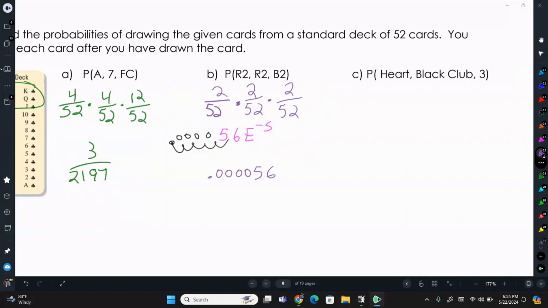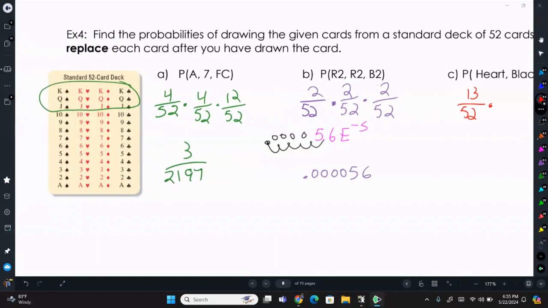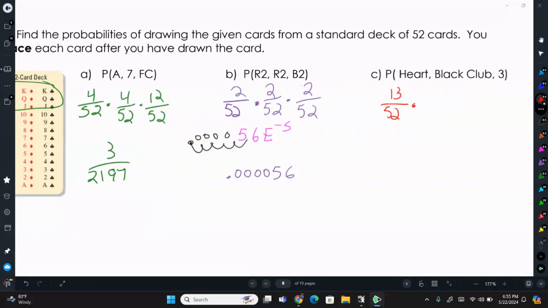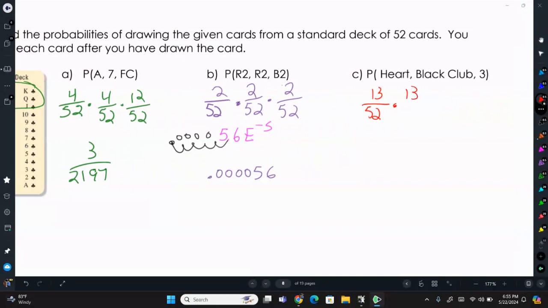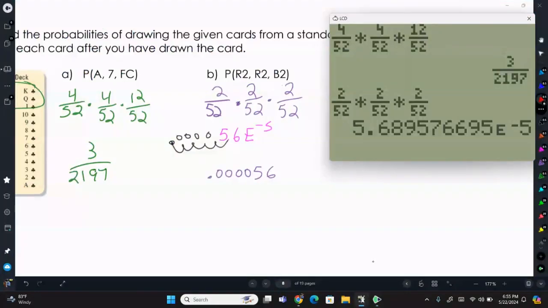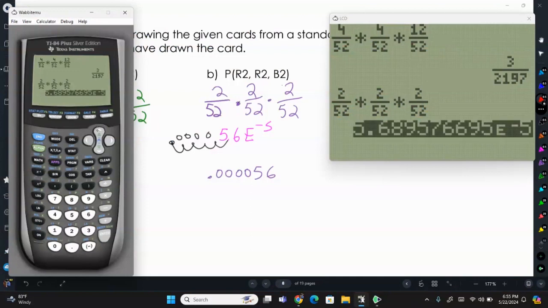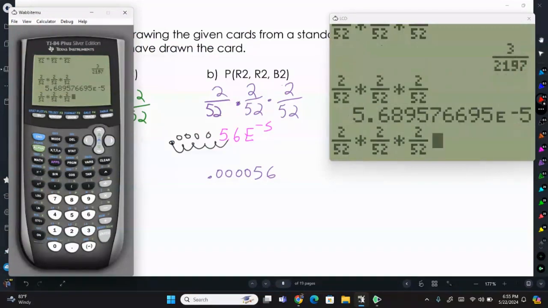All right, then letter C, probability of a heart. So there are 13 out of 52 hearts, or 1/4 if you want to do that. A black club. Well, all the clubs here are black in a deck. So it's going to be 13 out of 52 times 3, which is 4 out of 52, because there are 4 3s. So if we type that into our calculator, to make things easier, we can just go up and grab what we have up here and change this stuff.